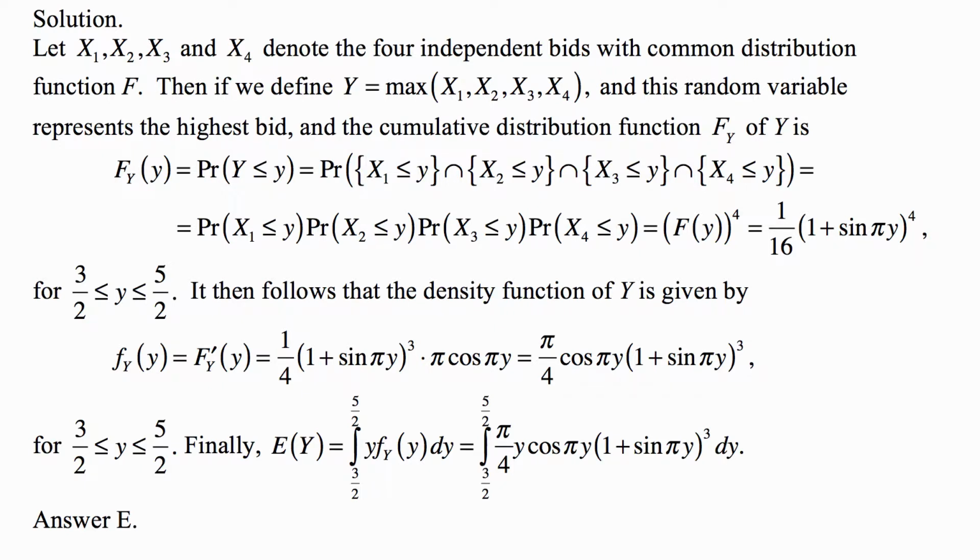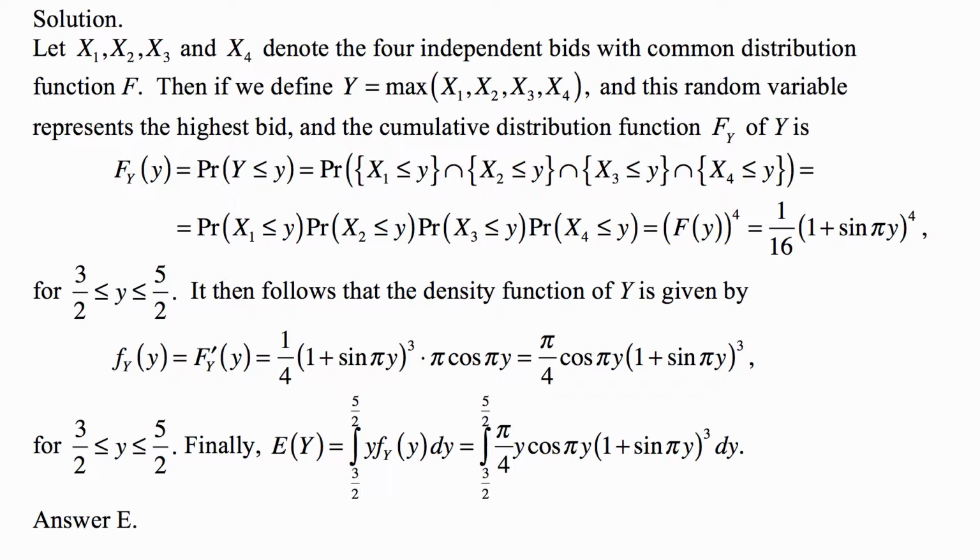Then for (1 plus sine pi y) to the 4th, the derivative of some variable to the 4th power is 4 times the variable to the 3rd power, so that's how we get 1/4, because 4 times 1/16 is 1/4, of (1 plus sine pi y) cubed. And then the derivative of the function inside, 1 plus sine pi y, is equal to pi times cosine pi y, because the derivative of sine is cosine.